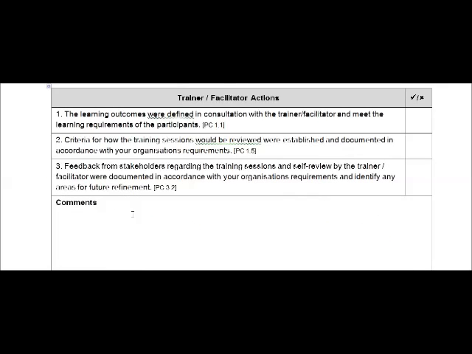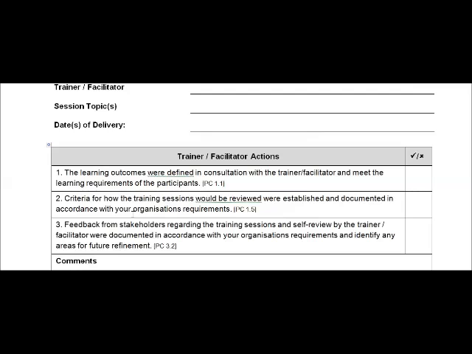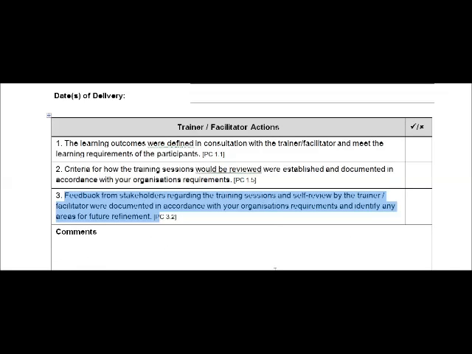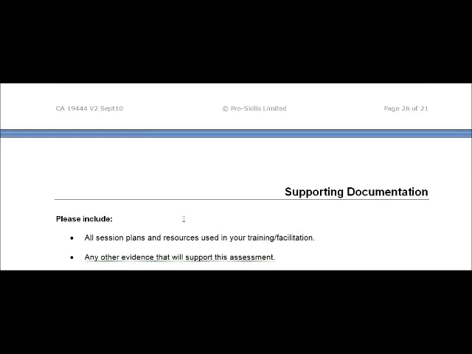And your manager will just complete this attestation here, that the learning outcomes were defined in consultation with the trainer, how you would review those sessions met organisation requirements, and feedback was documented in a way that met the requirements of your organisation. So for example, if your organisation says, look, whenever you're doing training for us, you must use these feedback forms. So that's what we mean by number 3, that feedback from stakeholders regarding the training sessions self-review were documented in accordance to your organisational requirements. Alright, so your manager will fill in that form there.